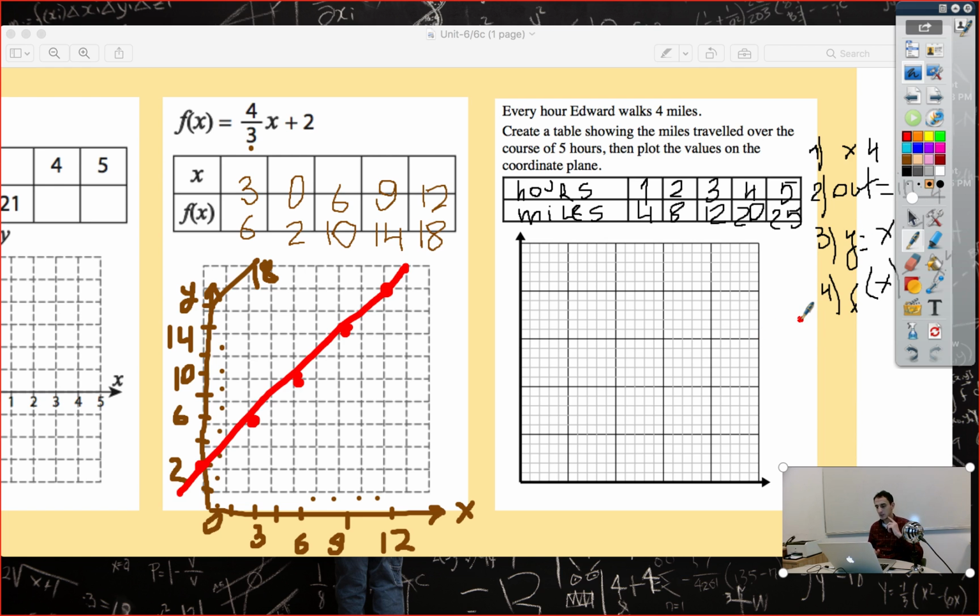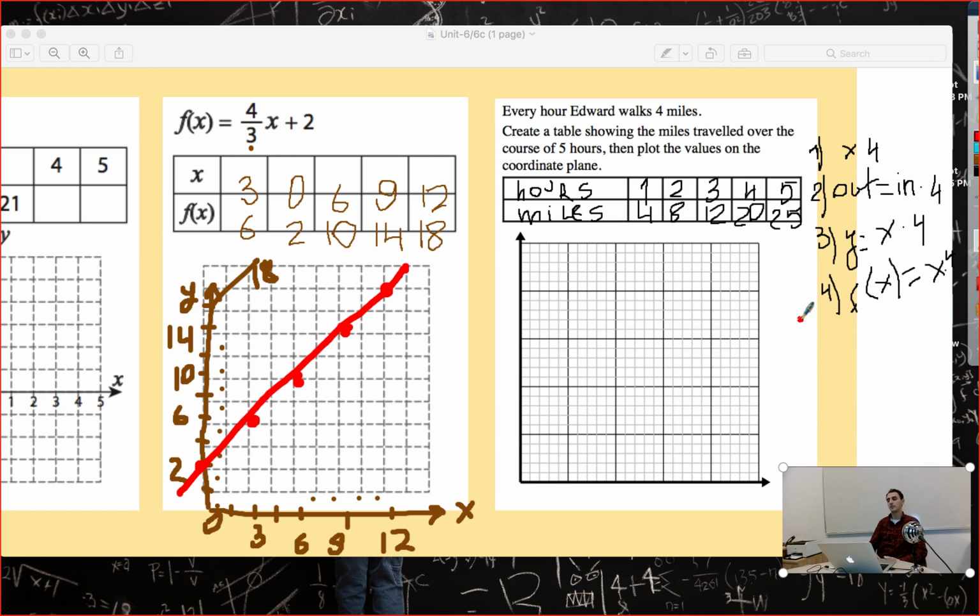So the first and second steps are completed already. Let's plot our points. 1, 4. You see, in the previous example the input and output were positive and we drew only the first quadrant, right? And here all numbers are positive, so we also draw only the first quadrant.